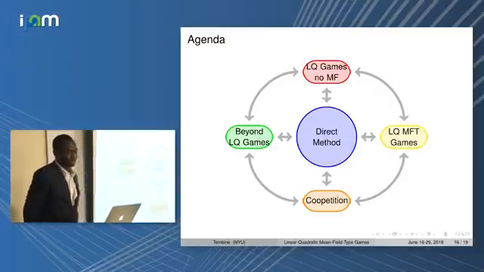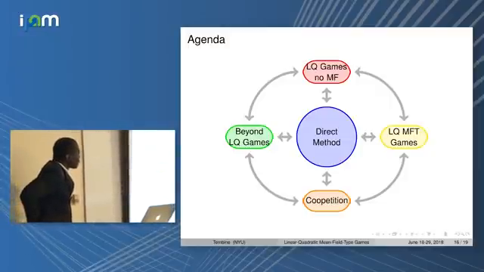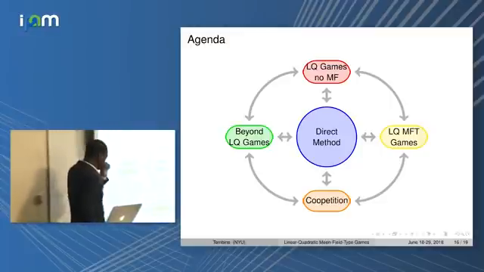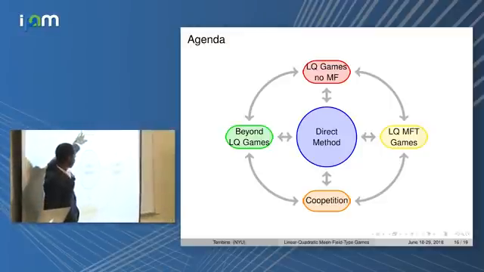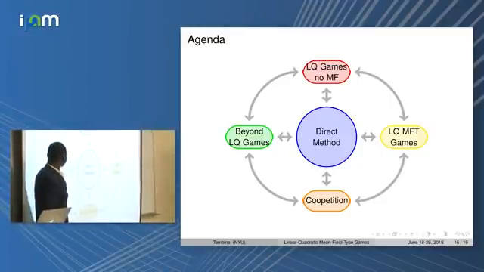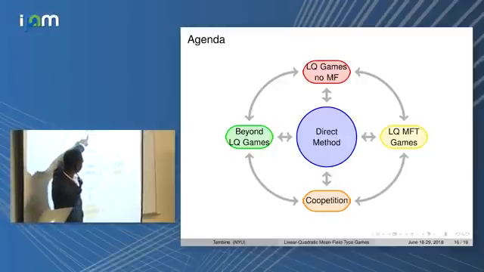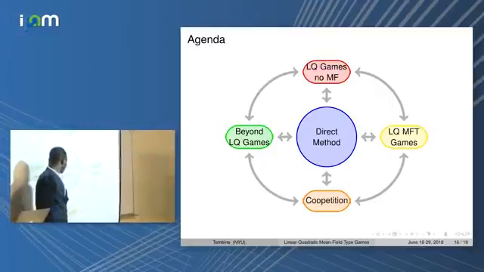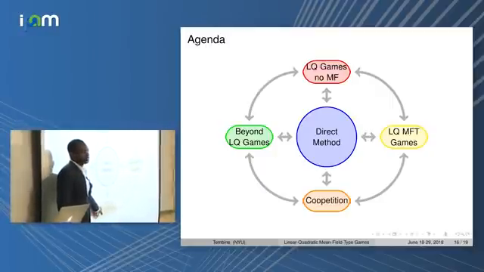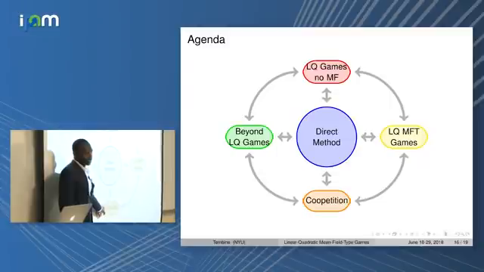So how are you going to solve the problem with direct method? We start with the expression that is there. First, Manifold free. So the agenda will be with Manifold free first, and then we go to the Manifold type games, and later on we'll have some introduction to competitive games.